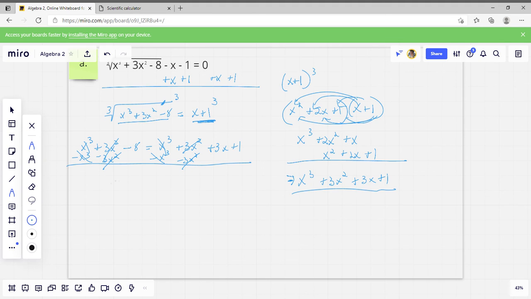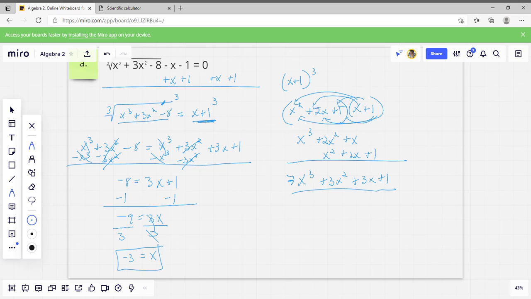Okay, so now I've got negative 8 equals 3x plus 1. Now we're going to do minus 1. Now I'm going to have negative 9 equals 3x. Now I'm going to divide by 3. And I get x equals negative 3. And that is the answer to that one.